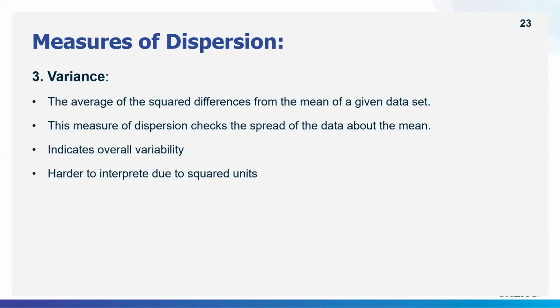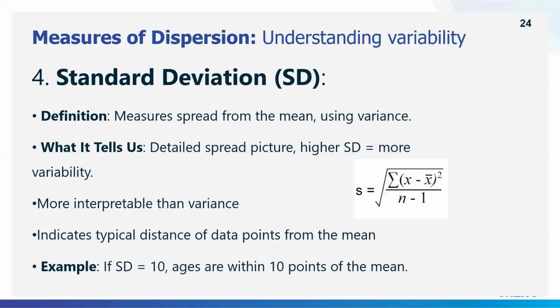I mean, it cannot tell us directly the exact variability of our data. And that's why we're going to see standard deviation, which also measures the spread from the mean using the variance. It is a more detailed picture of how spread a particular data is. It is more interpretable than the variance, and it indicates the typical distance of data points from the mean.